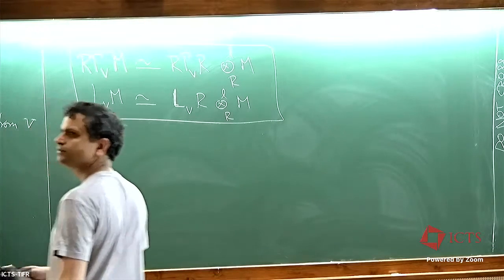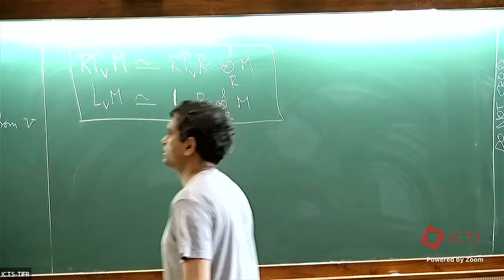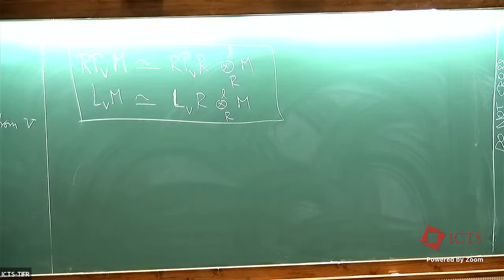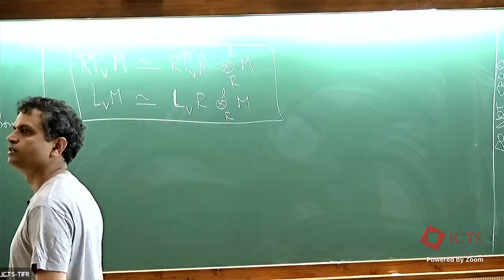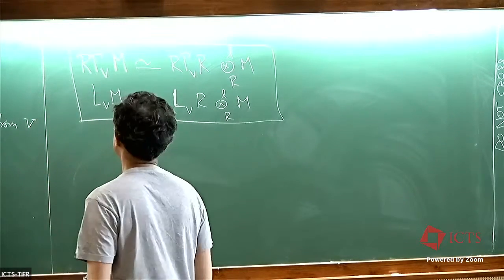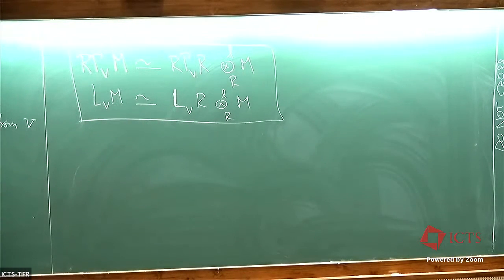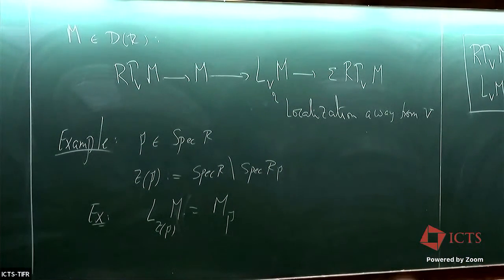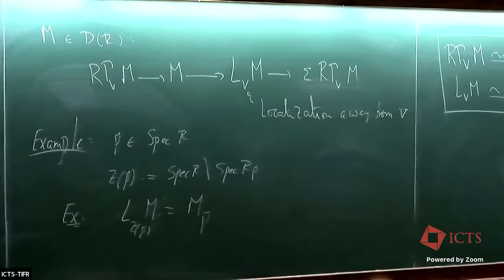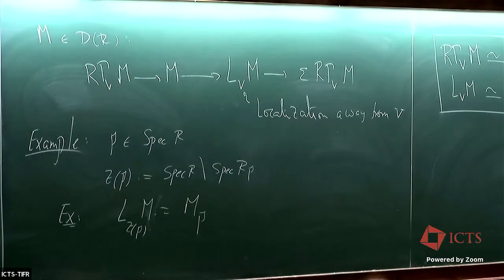For example, you can identify the V-local objects also as a subcategory of DR, and the compact objects there will not be compact in the big category in general. That would be an example. Look at P-local objects in the derived category. They form a localizing subcategory, but the compact objects there are not compact in the big category. For example, in that category, R localized at P is compact, but it's not compact in the big category in general.